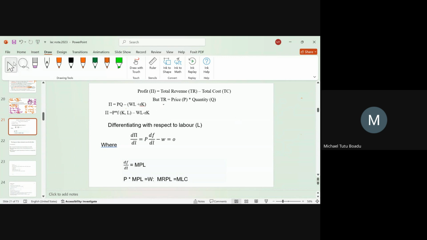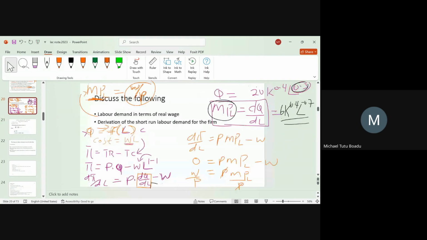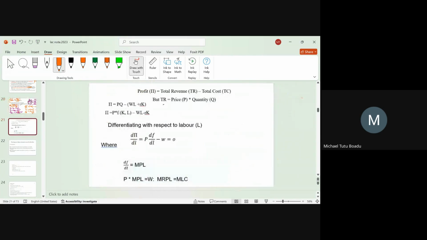Okay. So if you want to consider your cost, our cost here is now cost of both capital and labor, not only labor, as I indicated above. This one is just the cost of only labor, but this is the cost of both capital and labor.